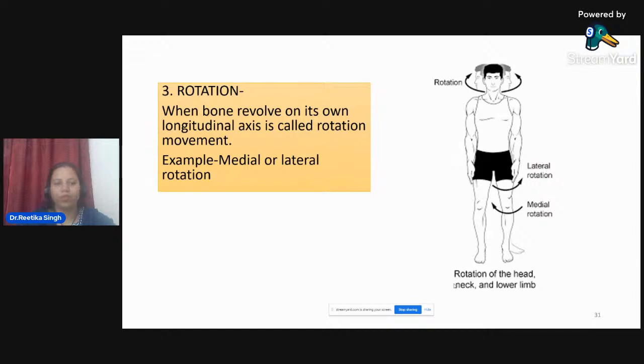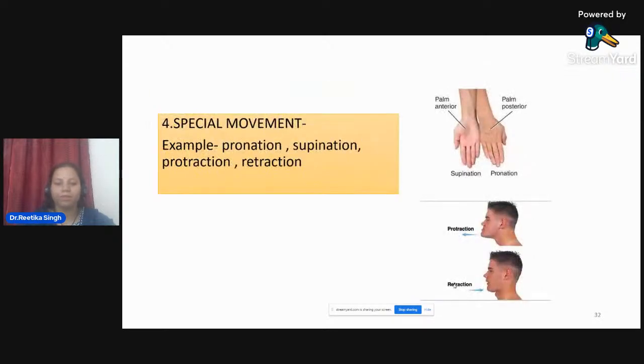Rotation, when a bone revolves on its own longitudinal axis, is called rotation movement. Medial or lateral rotation, when you move your hand or forearm towards the outside, then it is lateral rotation. And when it moves towards the internal side, then it is medial rotation, or rotation of your neck.